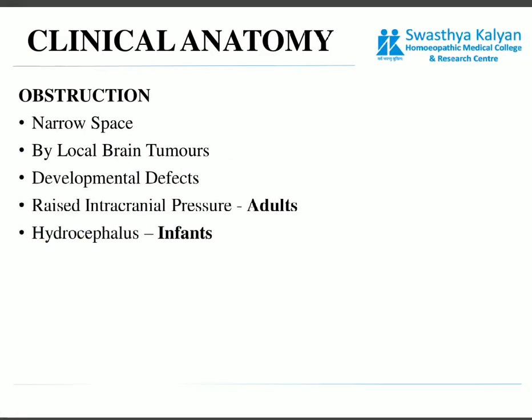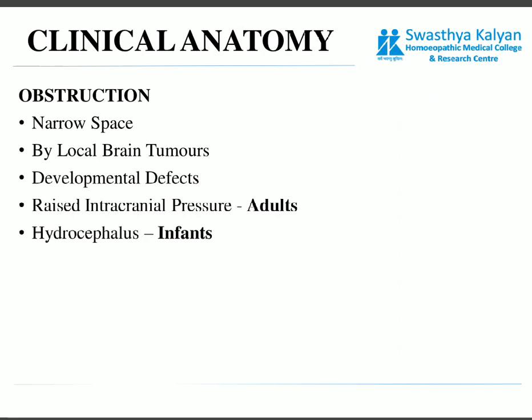Now the clinical conditions. Because it is a narrow space, if there are some foreign bodies, especially brain tumors, or some developmental defects, then the space can become obstructed, and this would lead to two different conditions.